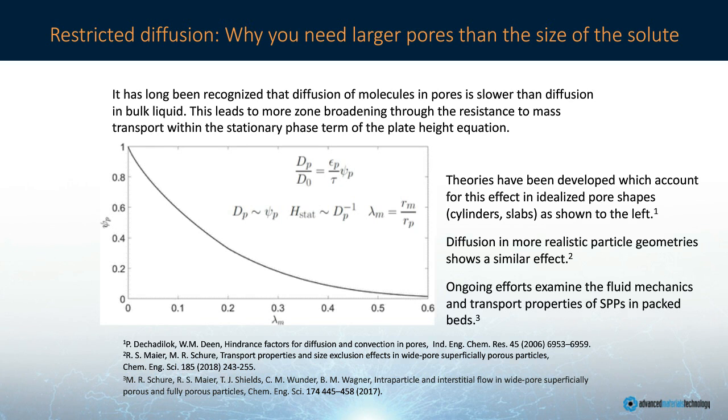As you increase the size of the pore relative to the radius of the molecule, that molecule has more access into the pore, and the diffusion in the pore will therefore go up, as exhibited there. And there are ongoing efforts to examine the fluid mechanics and transport properties of these superficially porous materials.